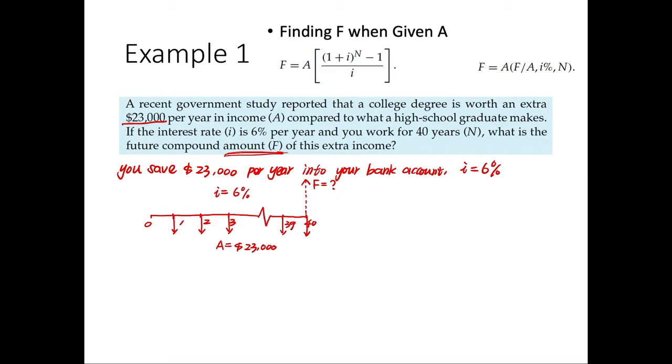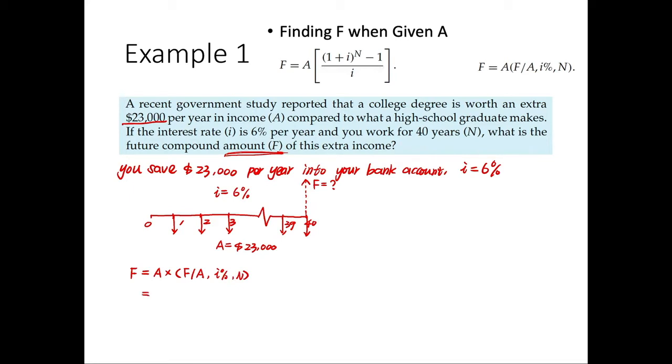Based on the cash flow diagram, now we can use the method. I would use the factor method, okay? So now we're finding F given A. So F equals A times a factor. And that factor is what? To find F given A, given I, given N, okay?